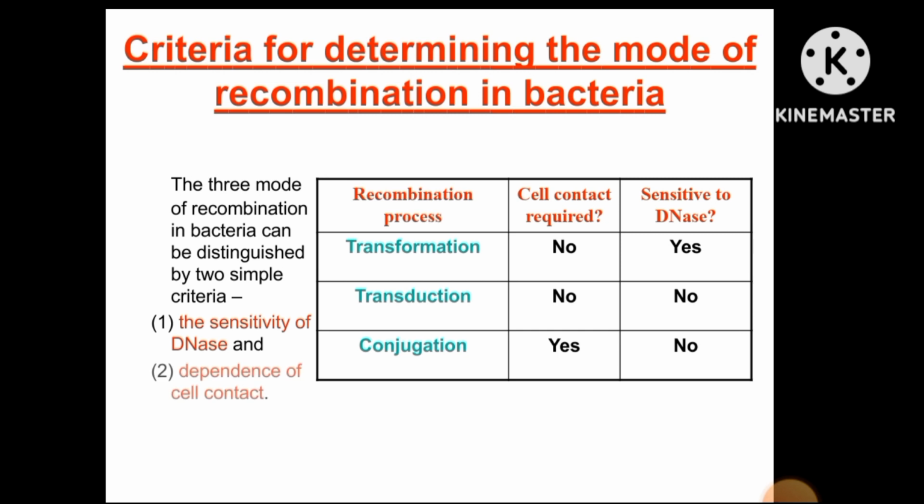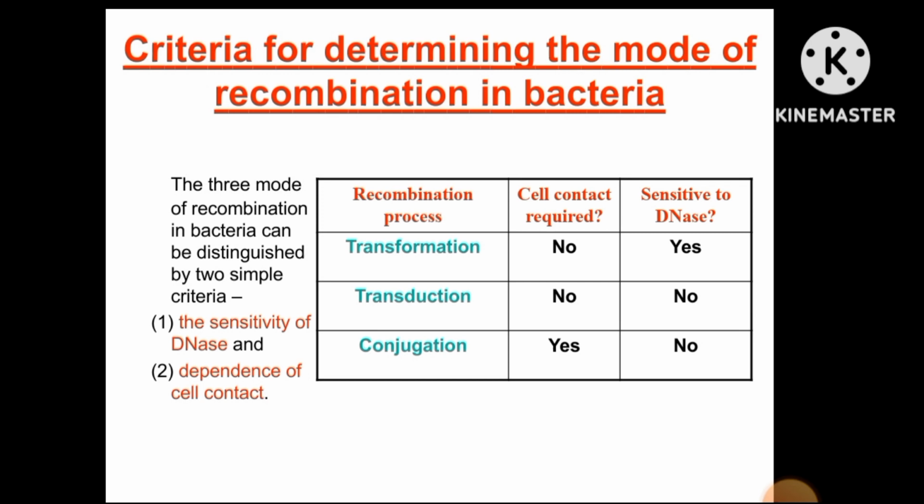When we talk about transduction, no cell contact is required because it is all done by the bacteriophage, and here the genetic material is not sensitive to DNase, because DNase is an enzyme which damages the genetic material, that is the DNA or RNA.